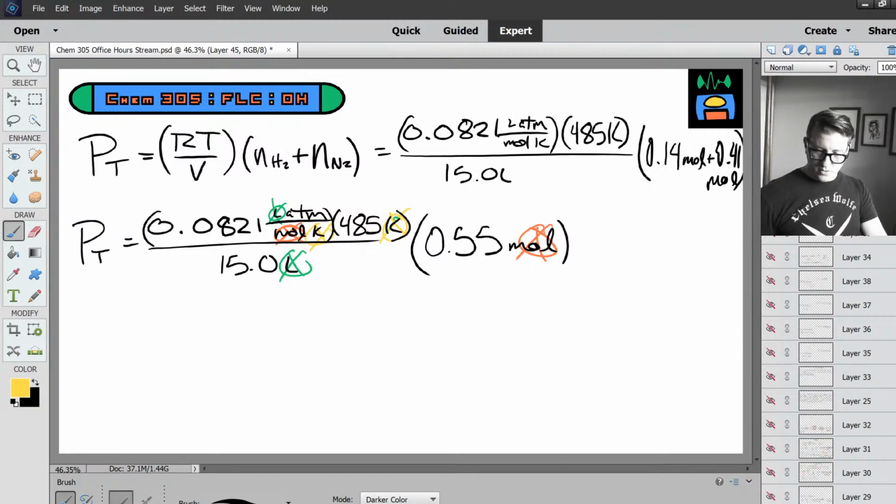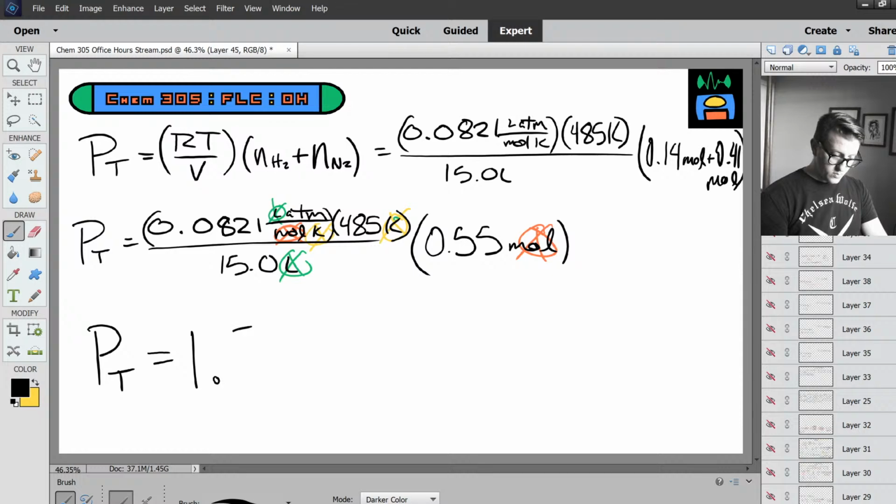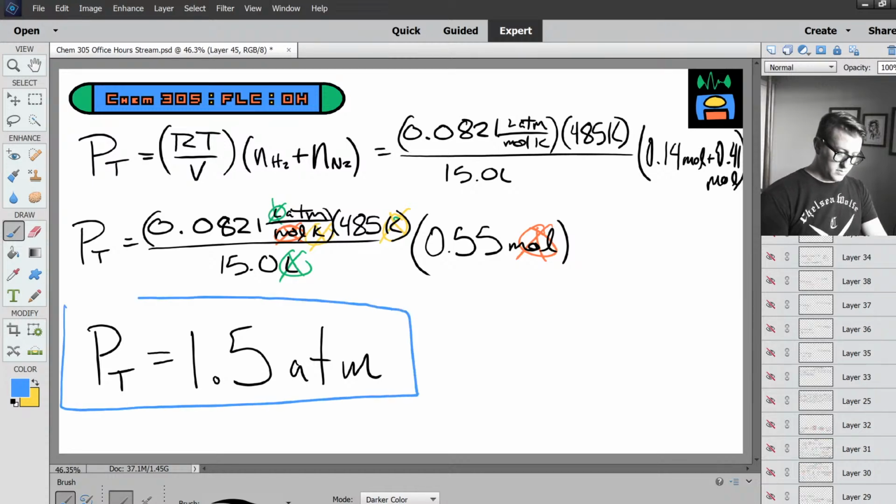And we have 0.0821 times 485 times 0.55 divided by 15 gives us a total pressure of, let's see, 2 sig figs, 1.5 atmospheres. Alrighty.